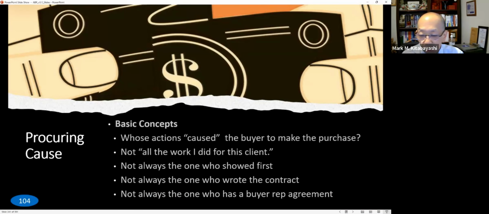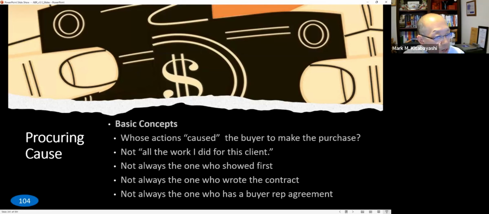The basic concept of procuring cause: whose actions caused the buyer to make the purchase? Not all the work that I did for the client, not always the one who showed first, not always the one who wrote the offer, not always the one who has a buyer rep agreement.